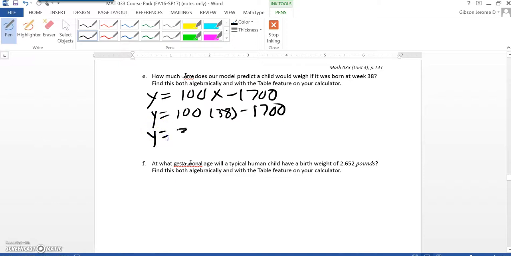So we have y equals 3800 minus 1700, which will leave us 2100 grams. So that's how you would solve it algebraically.